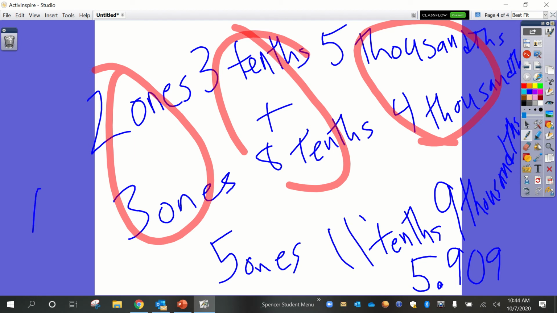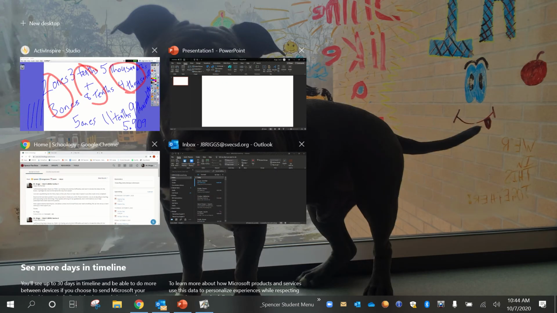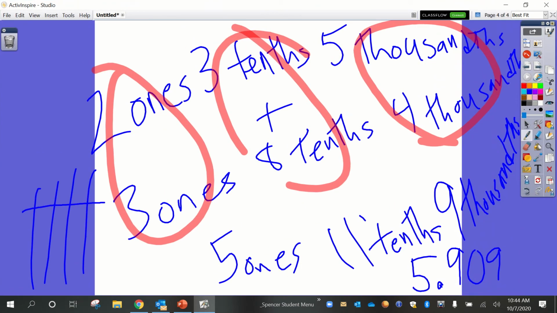Well, this is where you'd have to visualize that place value chart. If we put 11 in the tenths place, we know that when we have 10 or more, we regroup. So this is actually going to shift as 1 and 1/10. So this is going to have to shift over to our ones place, and our answer is really going to become 6.109. So let's be careful with that as we practice moving forward.